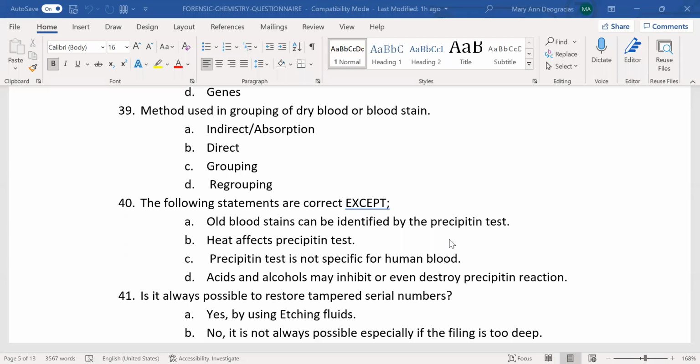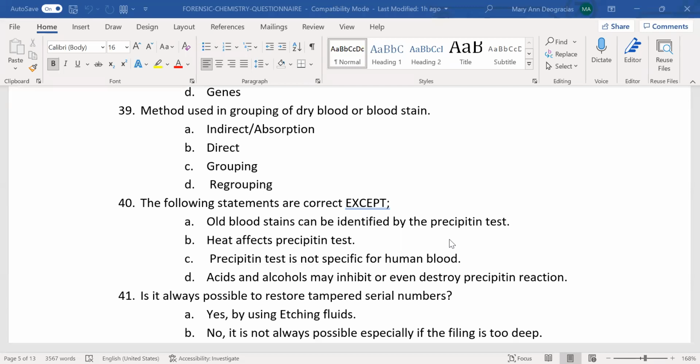Oh, madali lang yan. So letter C, kasi letter A, B, D are actually the limitations of precipitin test. So all blood stains can be identified. So that's a fact, no? Pwede kasi nating ma-identify yung if it is human blood or animal blood using all blood stains. Kaya yan. Ngayon, heat affects precipitin. That's one limitation of the test.